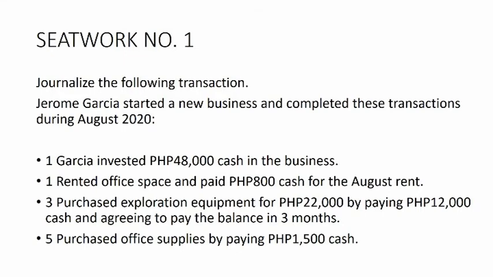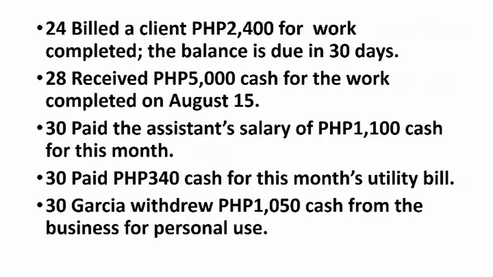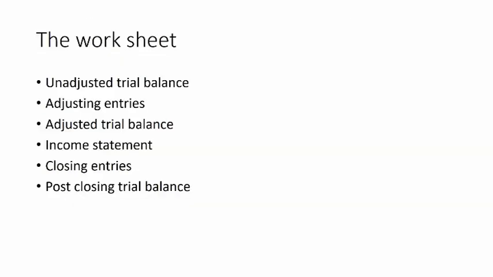Okay? Because in the following weeks, the discussion will be focusing more on the journalizing process, because at the end of this semester, we should be able to have the unadjusted trial balance.